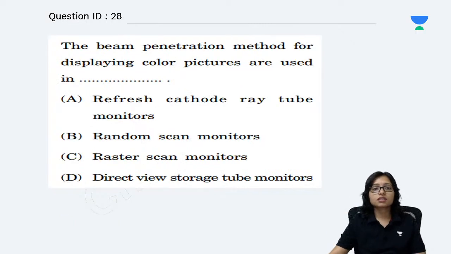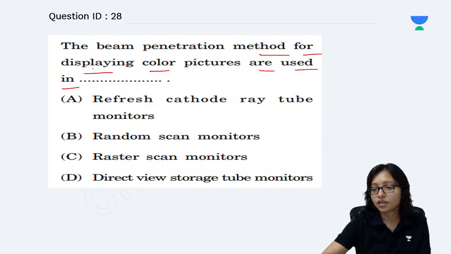Next question is: the beam penetration method for displaying color pictures is used in which? That is a computer graphics question.